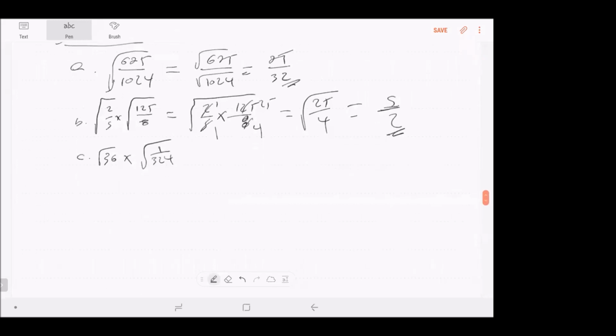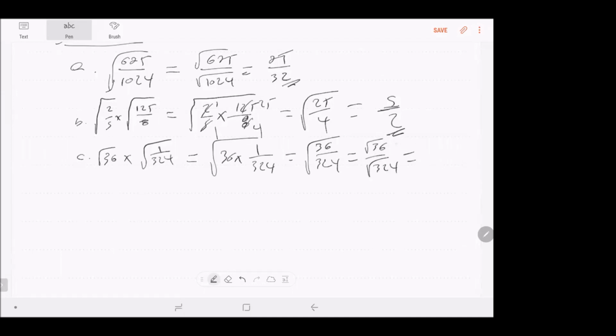Okay, similarly, we can do the last exercise. The square root of 36 times the square root of 1 over 324 means when we write this expression as the square root of 36 times 1 over 324. So 36 times 1 over 324 means the square root of 36 over 324. By the above property, it can be written as the square root of 36 over the square root of 324.